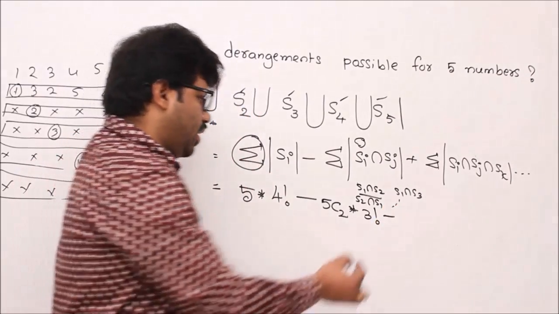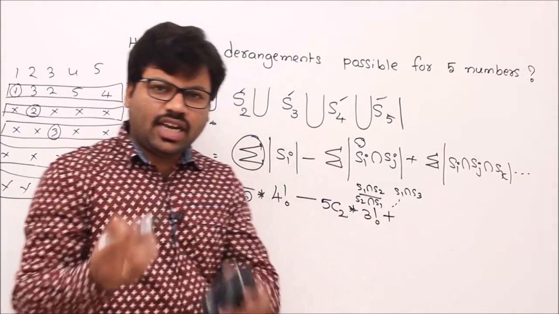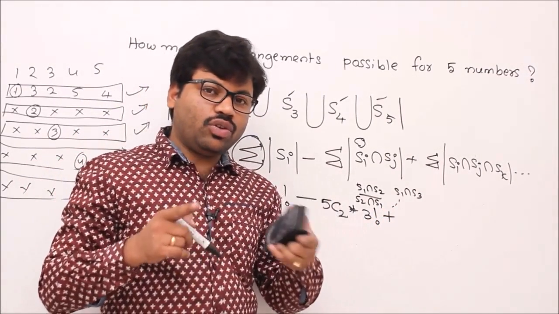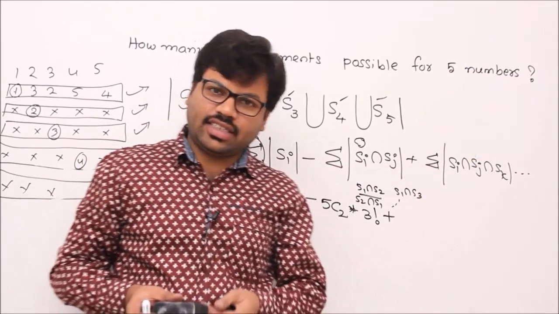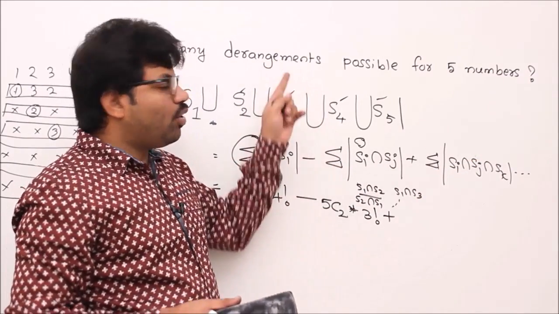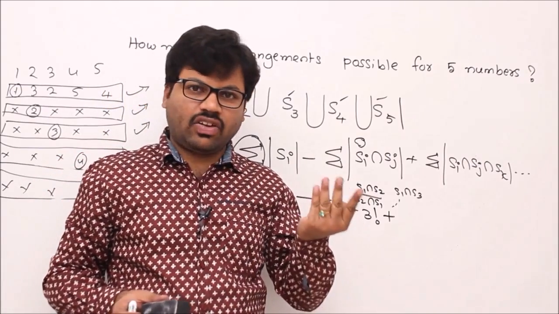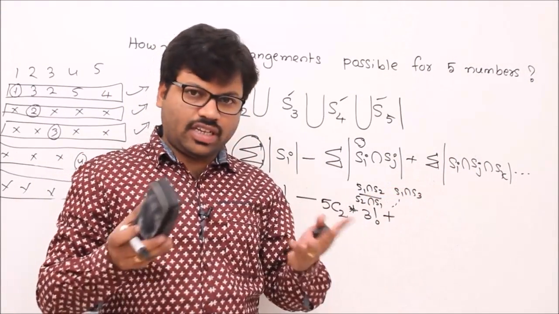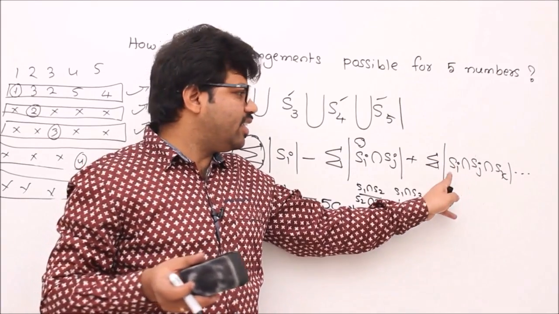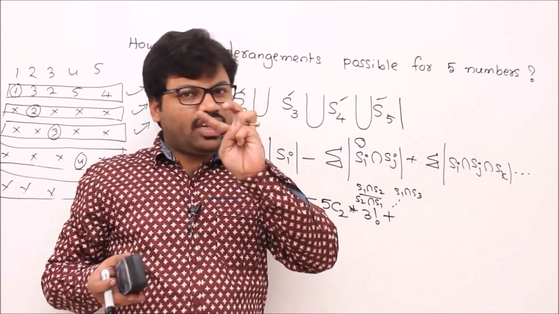Understand? Now plus. To understand it very clearly, I will tell you one more interpretation. That is, for example, Si intersection Sj intersection Sk. Let's call 1, 2, 3, 4, 5 as teachers. Then each size 3 intersection, or intersection of 3 sets, is nothing but each set is a teacher. It's a combination of 3 teachers.